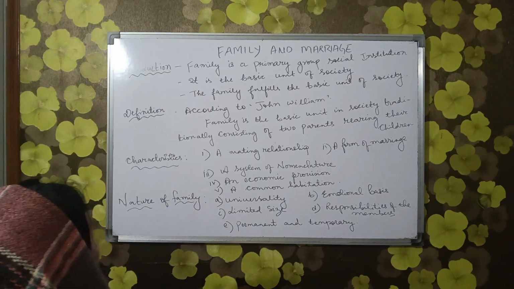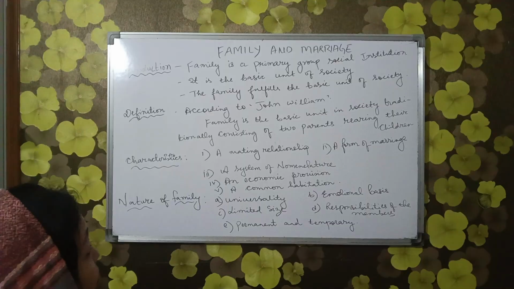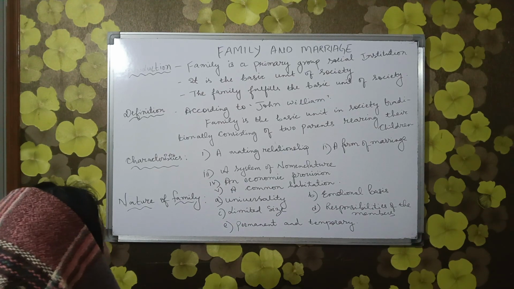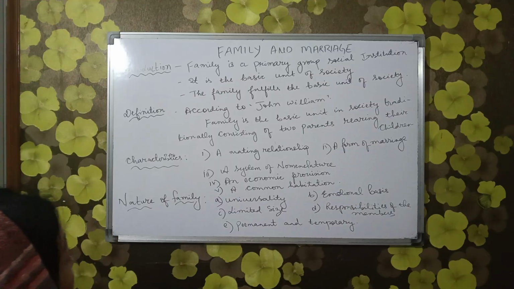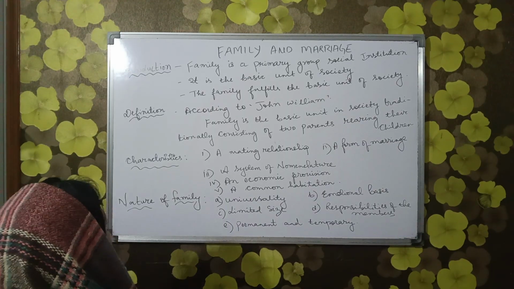So in summary, family is a primary group, social institution, and it is one of the basic units of society. And according to John William, family is defined as the basic unit in society, traditionally consisting of two parents rearing their children.